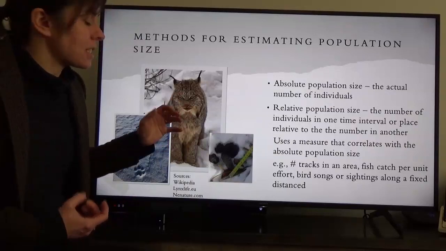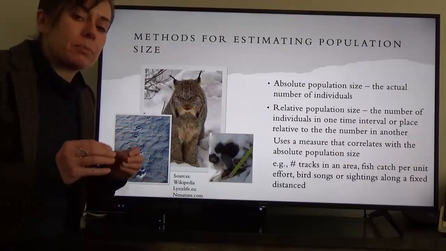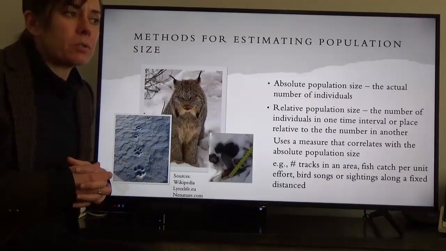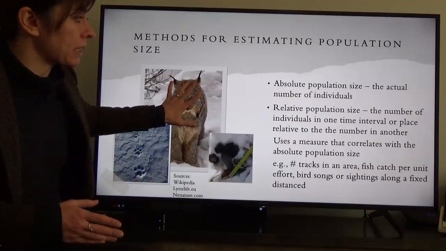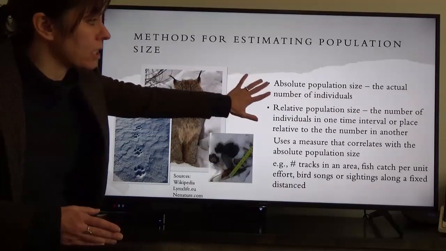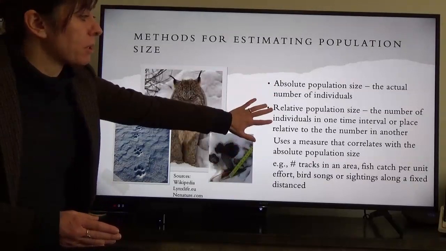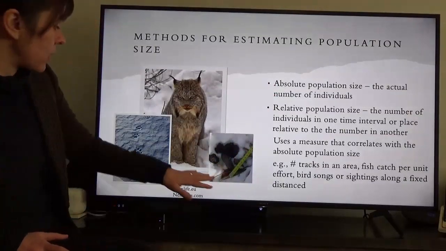You might set up camera traps where you're able to identify features of individuals. There are different ways that you could directly estimate the absolute population size for an area, or the actual number of individuals.